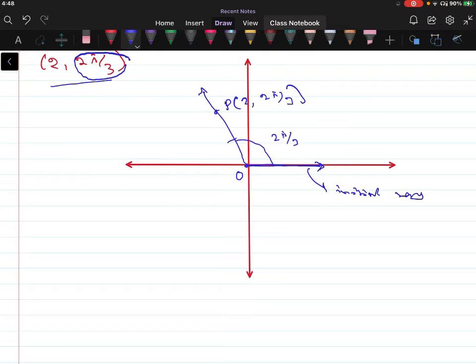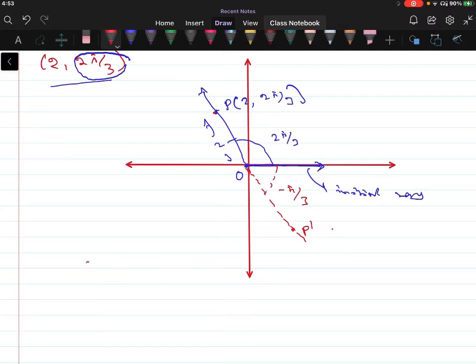So extend the ray in the opposite direction. Let us fix the point P dash. Take the angle with the initial ray, with the ray on the opposite side of the length OP here. So this is minus pi by 3.